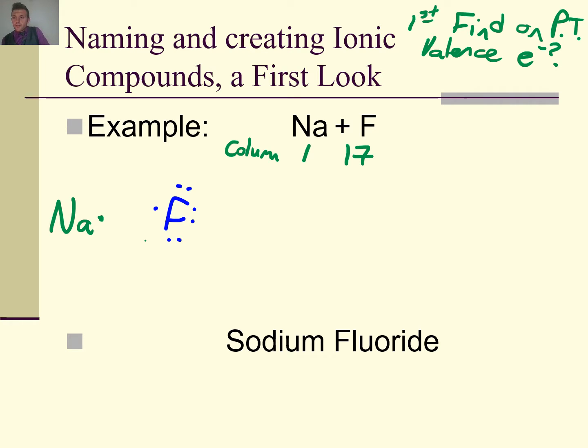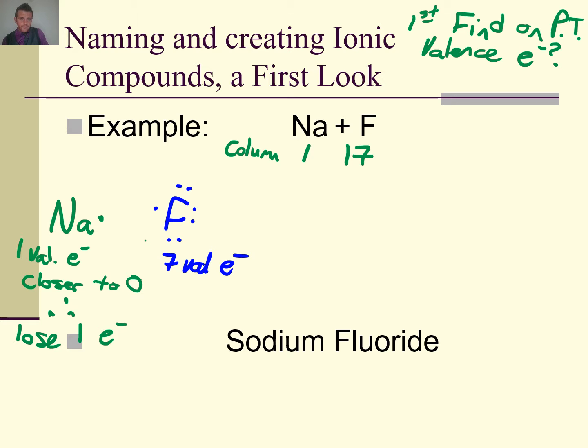I know that sodium's 1 valence electron is closer to 0, therefore it will lose 1 electron to get to that outer shell, that stable octet. Fluorine has 7 valence electrons, which means it's closer to 8.